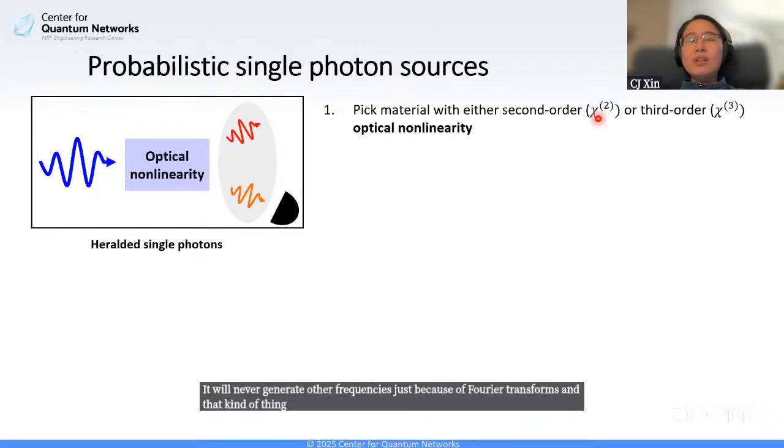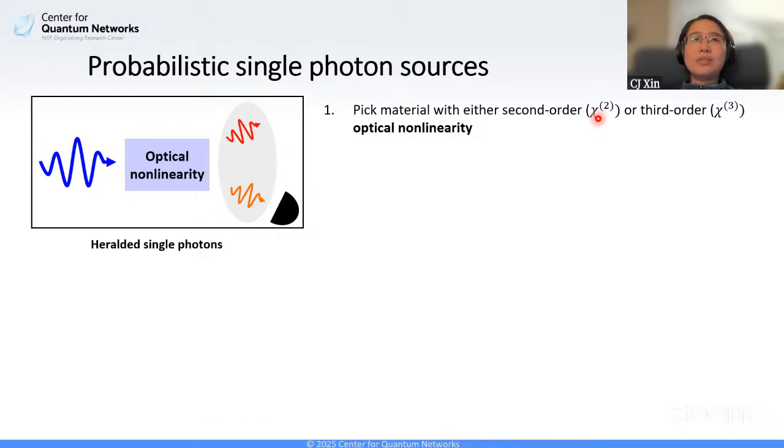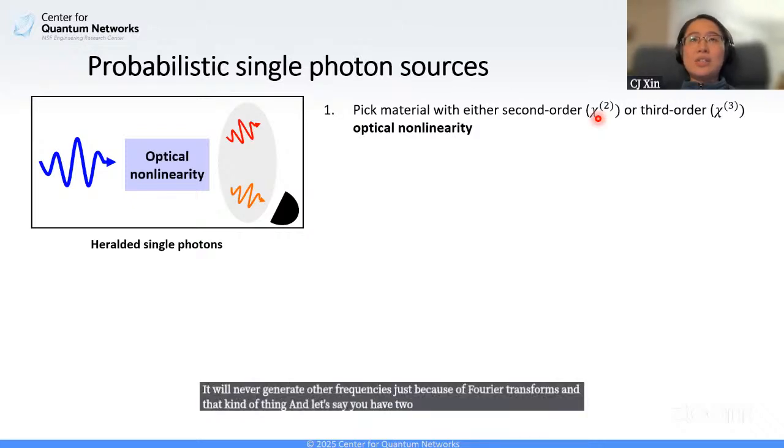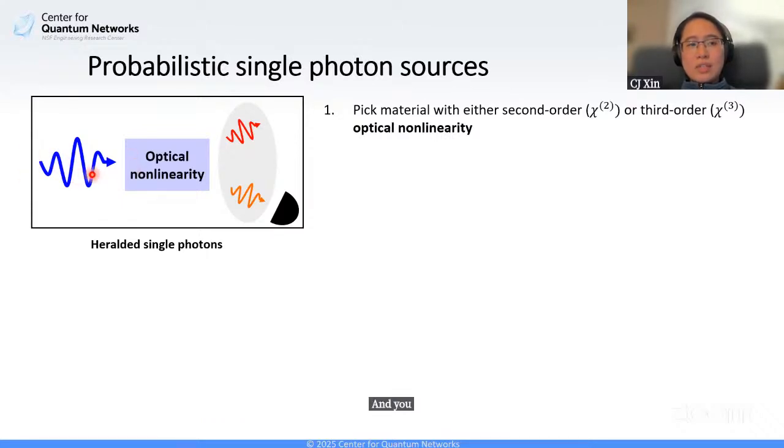Let's say you have two frequencies going in, the same two frequencies will come out, maybe at different attenuations with different phases depending on the dispersion of the material. But in a linear material, you will never generate new frequency components. However, if you have a second order or third order optical nonlinearity, you insert light at a particular frequency, and you can get different frequencies out.